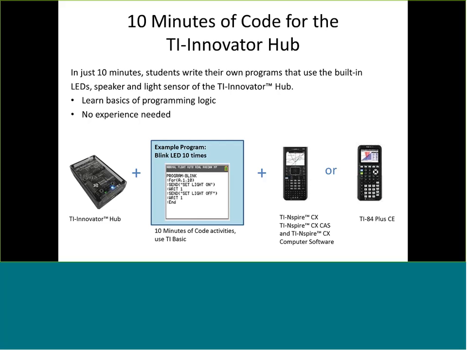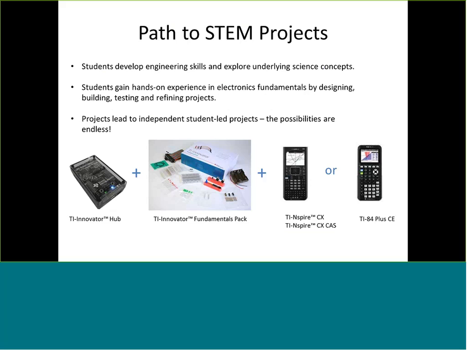The next one is called the Path to STEM Projects, and this is another content area where there are 6 units, and each unit has a skill builder and a project, and each one of these units takes the student through a skill that's essential for them to take control of their hub.